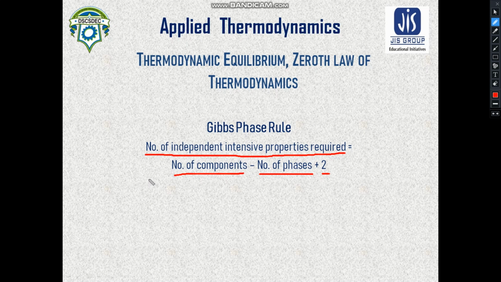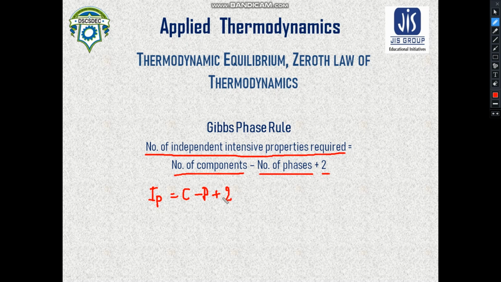That was a specific case, and this is the general rule. We can write this as IP, the independent intensive properties, equal to C minus P plus 2.